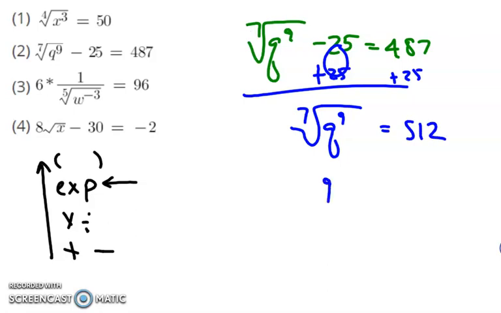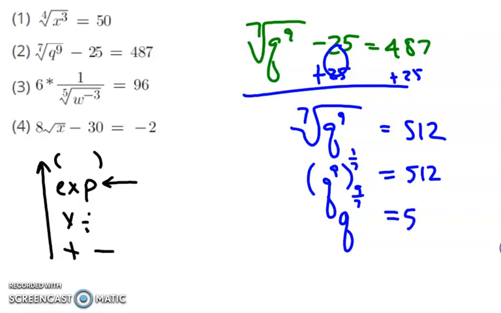If I get rid of the radical, or replace it actually, with a fractional exponent, the 7th root is replaced with the exponent of 1/7. And then if I multiply the 1/7 by the exponent of 9, q will be raised to the exponent of 9/7. So it's q to the 9/7 equals 512.